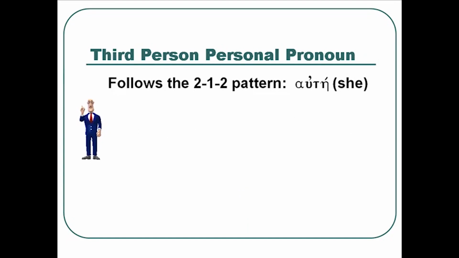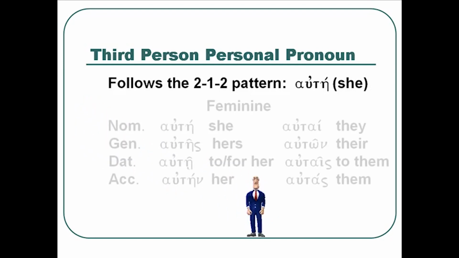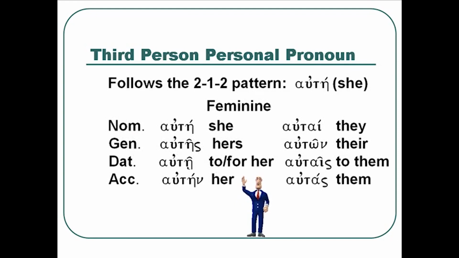The third person feminine singular is the form aute, means she. The nominative singular is aute. The genitive singular is autes, meaning hers. The dative singular is aute, to or for her. The accusative singular is auten, her.